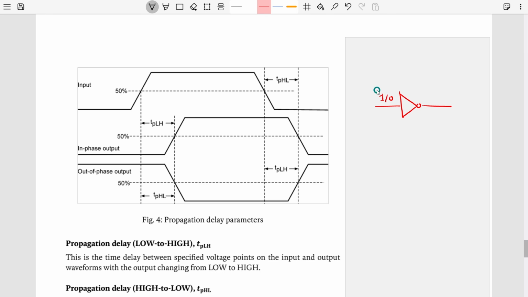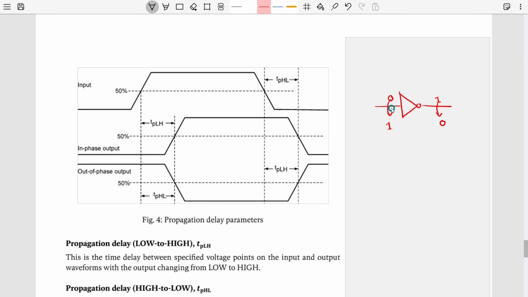So if maybe it was previously 0, that means the output is currently 1, if I suddenly now change it to 1, output should also change to 0, right? But it doesn't instantaneously change.